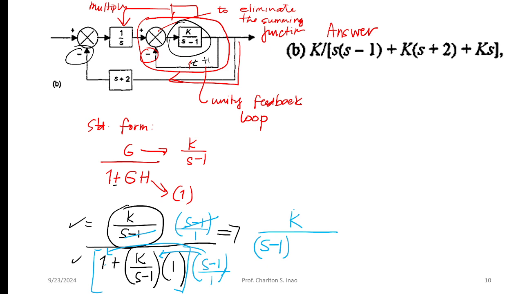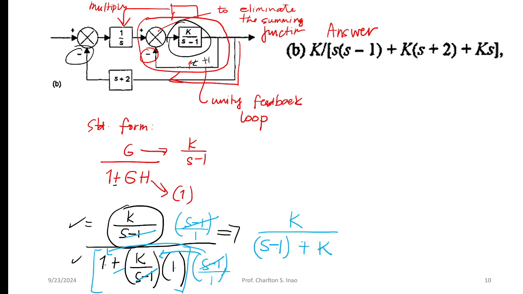And here, S minus 1 will be cancelled, right? So what will be left is K times 1. So here, it is separated by a plus sign.